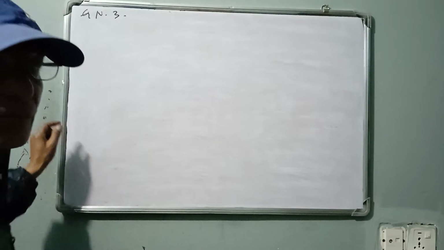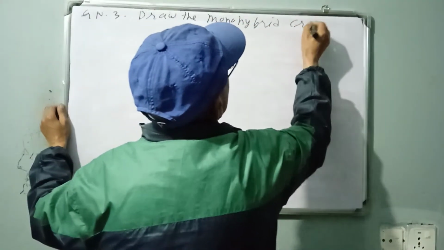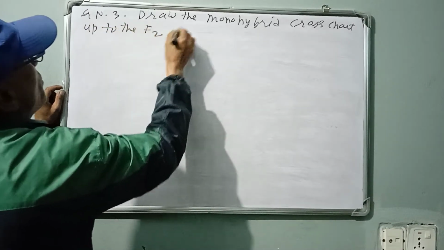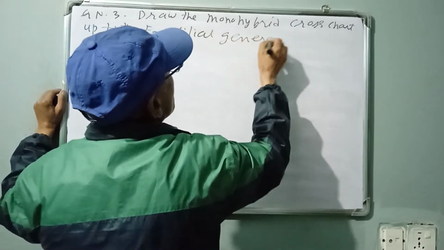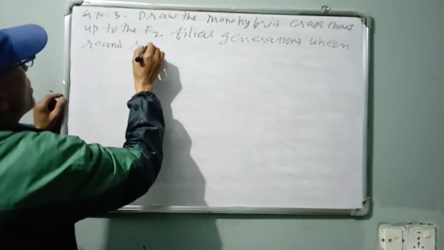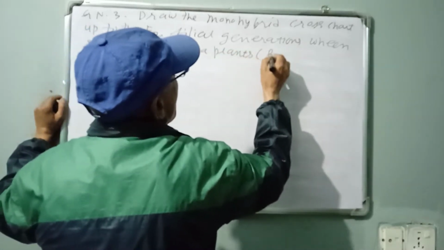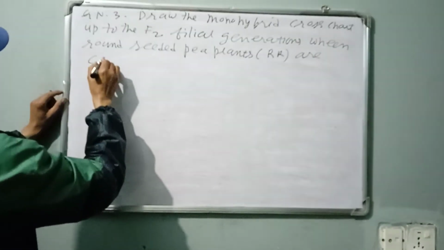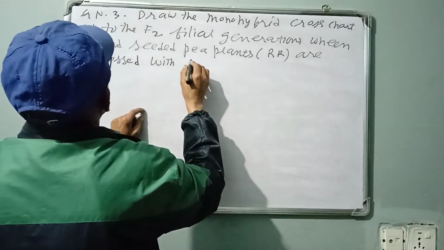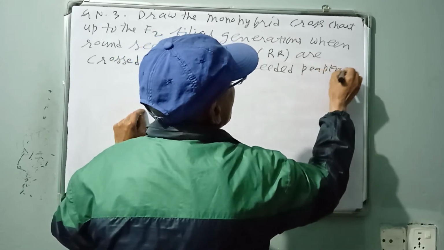Question number 3. Draw the monohybrid cross chart up to the F2 filial generations when round seeded pea plants called RR are cross pollinated with wrinkled seeded pea plants.